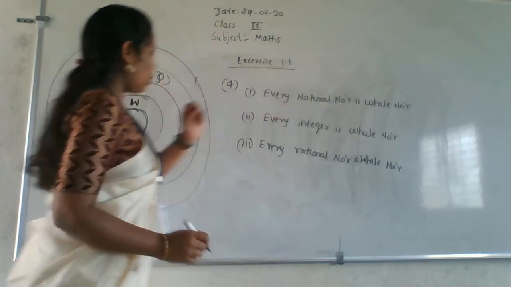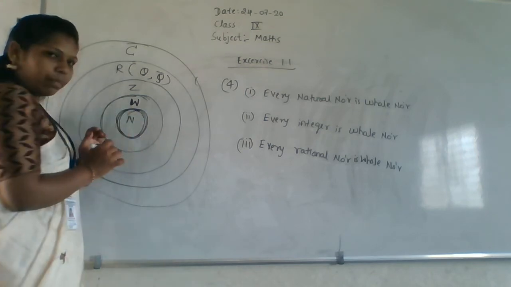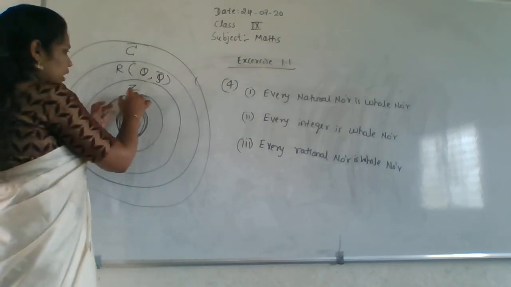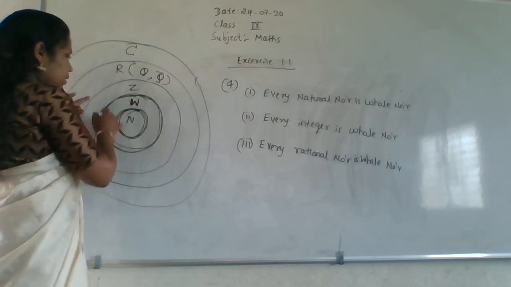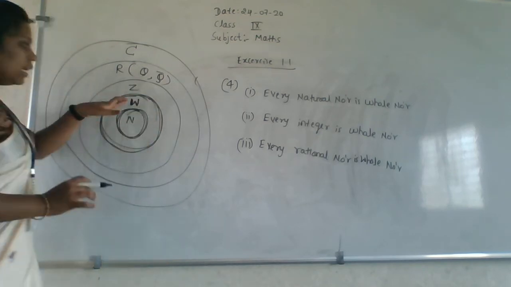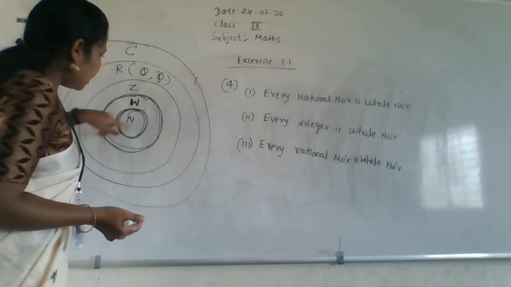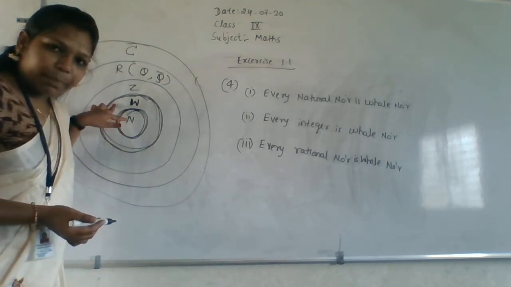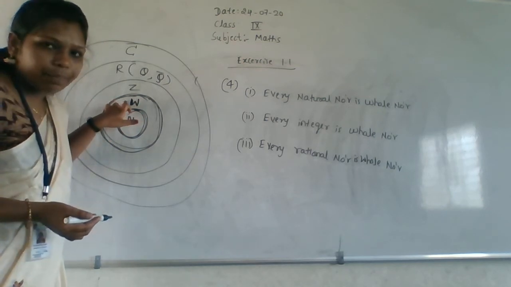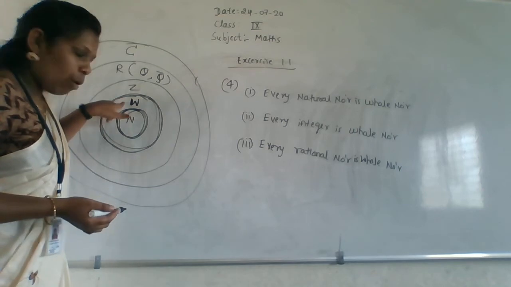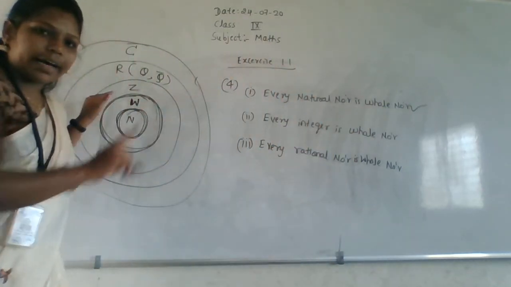Obviously, in the whole numbers we have the natural numbers also. This second circle is the whole numbers, and inside the whole numbers the natural numbers are present. That means every natural number is a whole number. So this statement is correct.